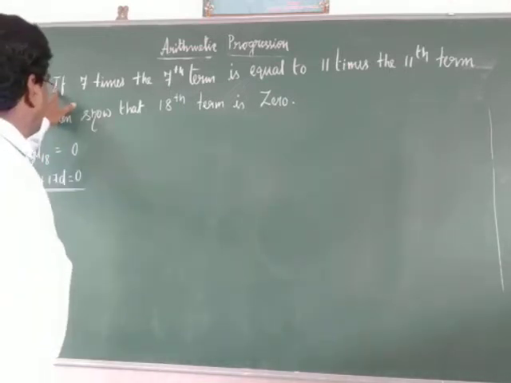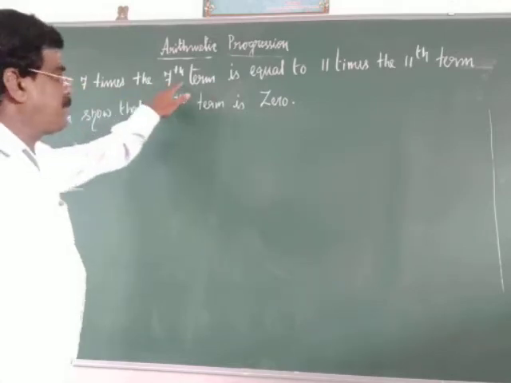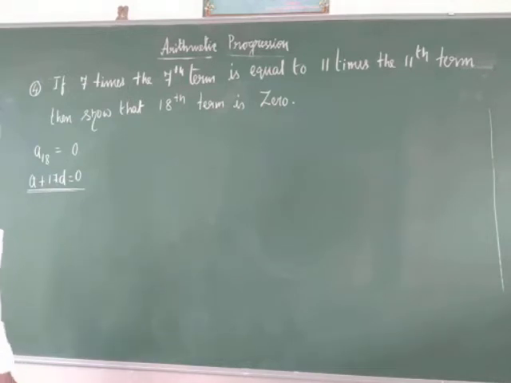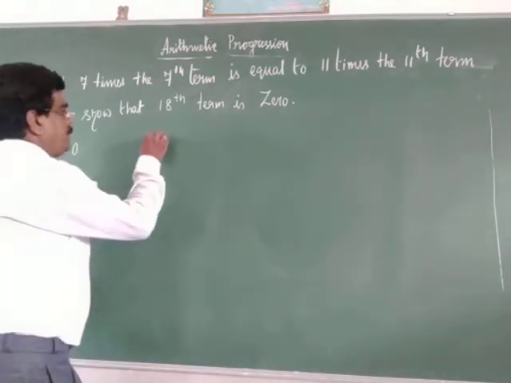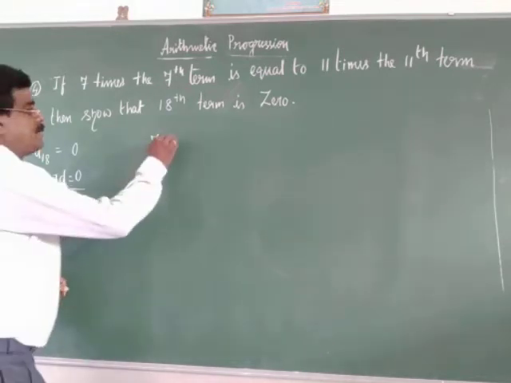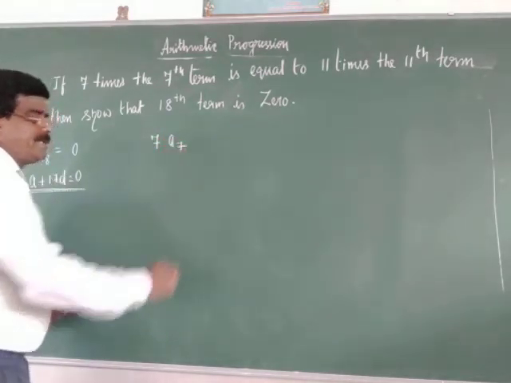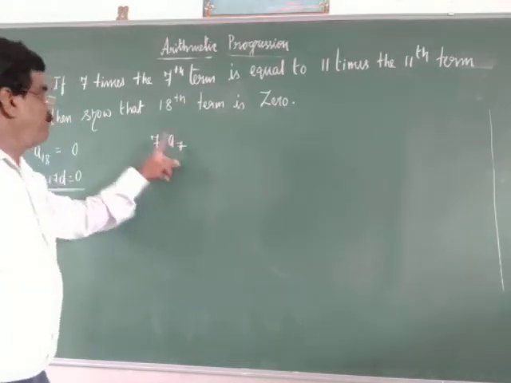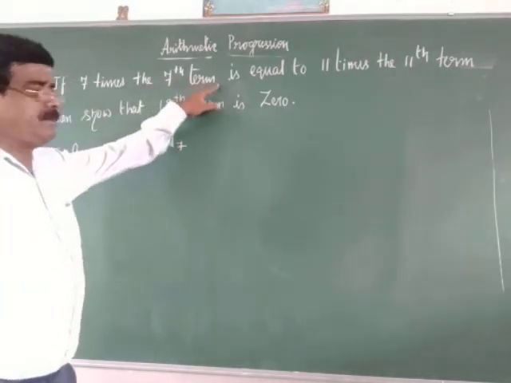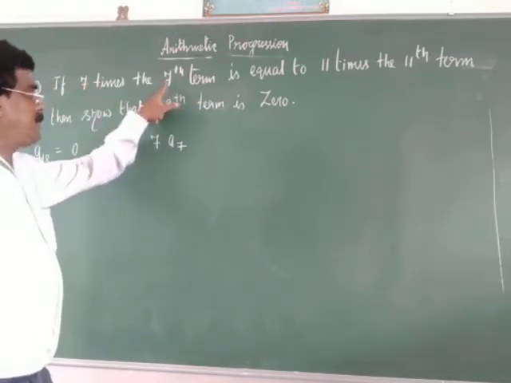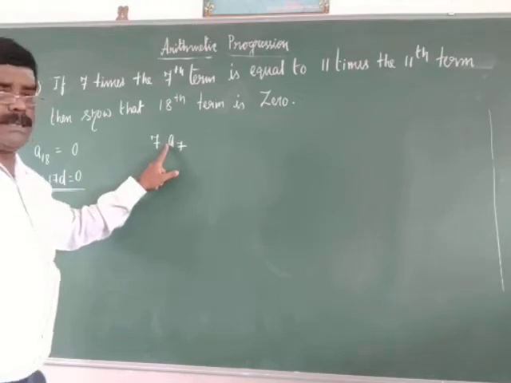It is given here, if 7 times the 7th term, how to write it is most important. 7 times the 7th term means 7 into A7. See, this is how you write it. 7 times the 7th term means 7 is there, and the 7th term is A7.